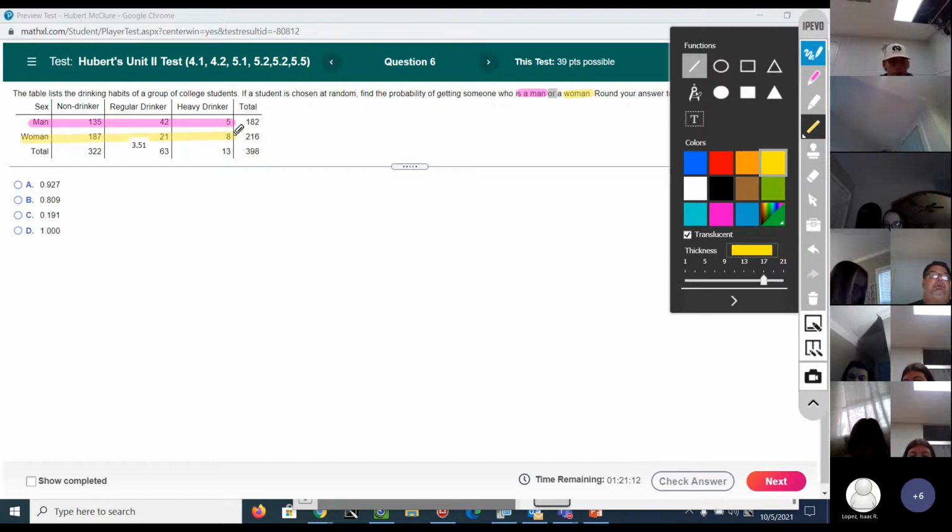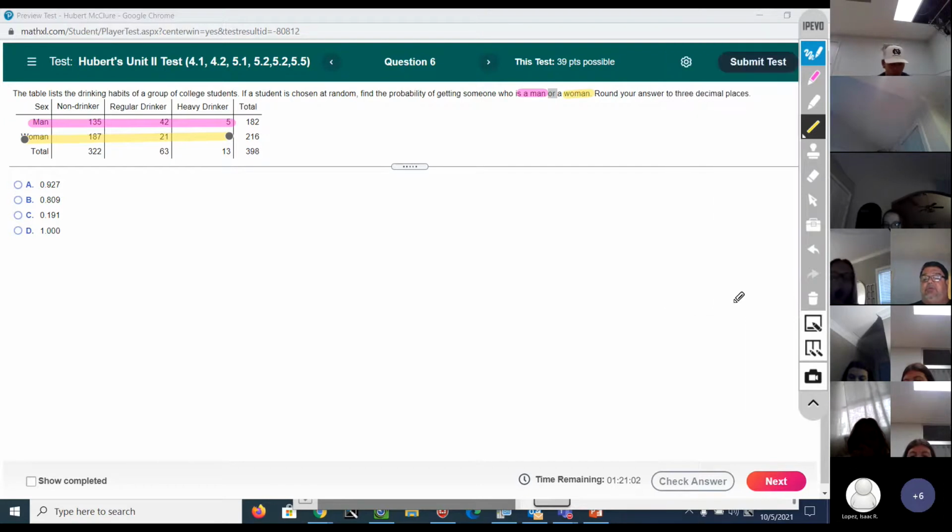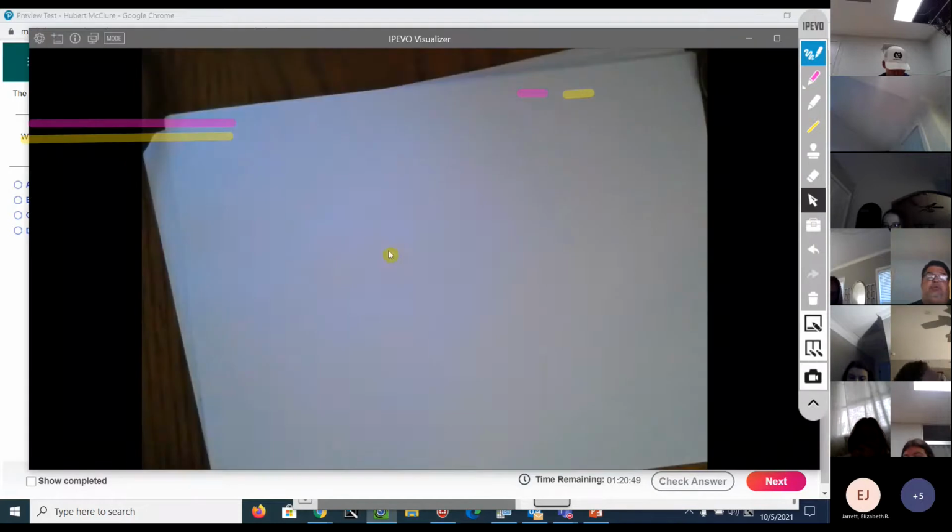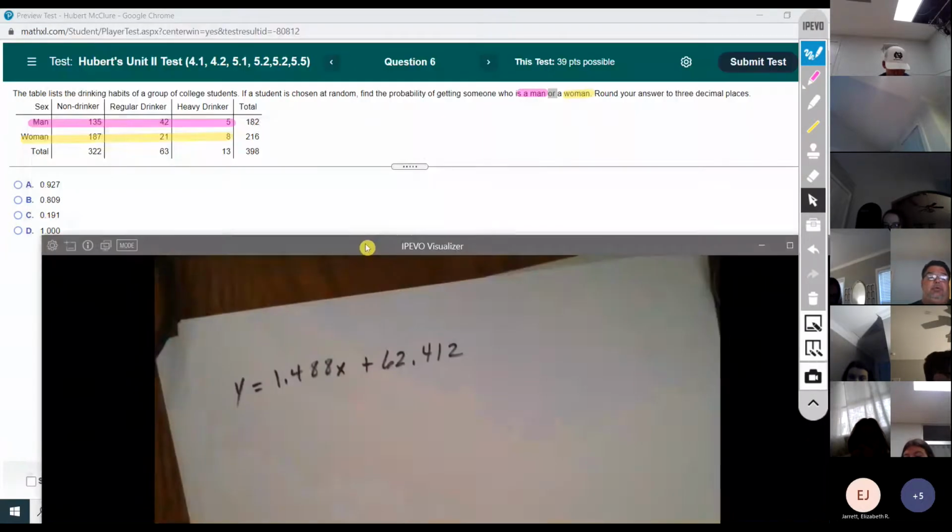And as you can see, this is not a jointed category, so they do not overlap. So there's no overlap. I'm trying to figure out what's the best way to show this. I guess we'll just go here.